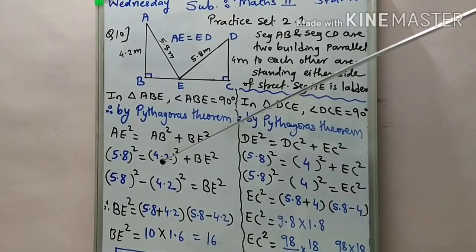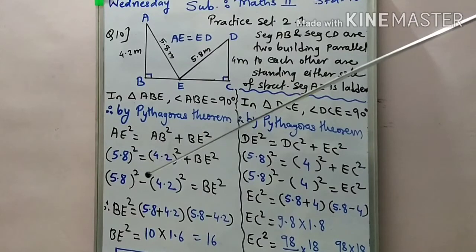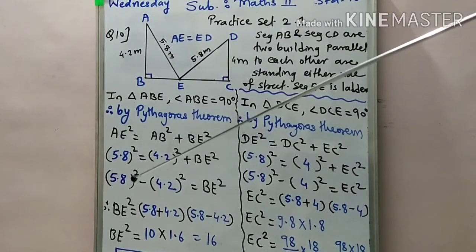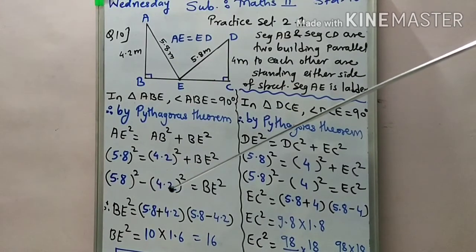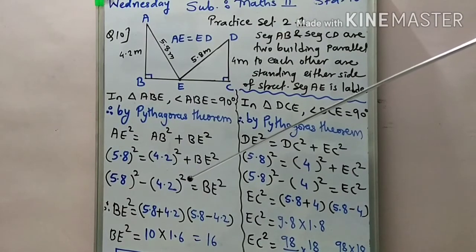What we do here, students, we take this 4.2 bracket square to our left side. So it's 5.8 bracket square minus 4.2 bracket square. Why do we do so?